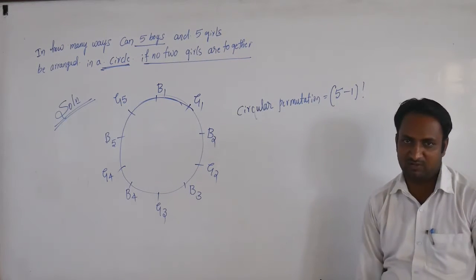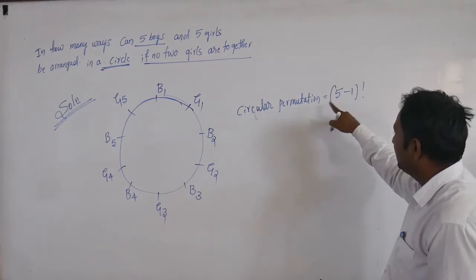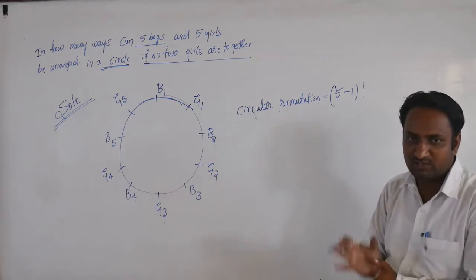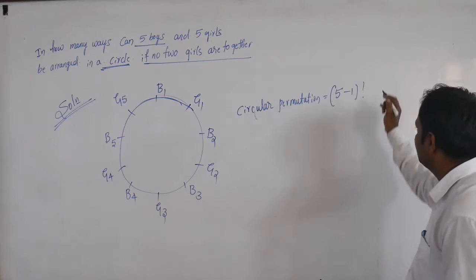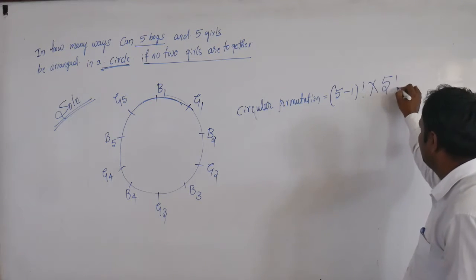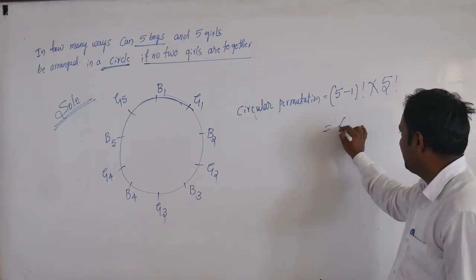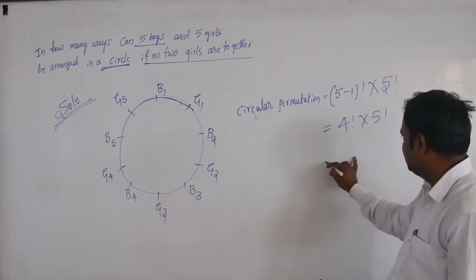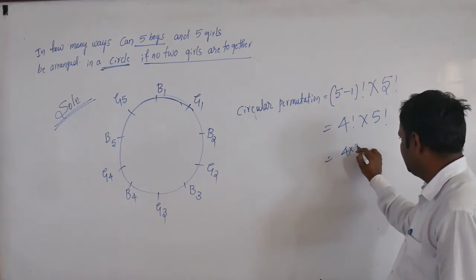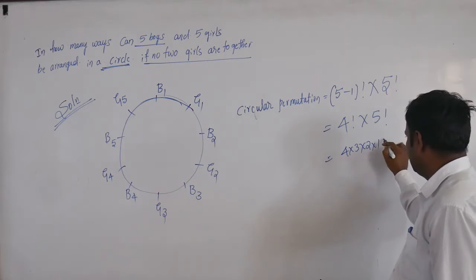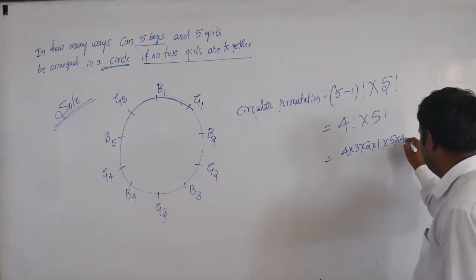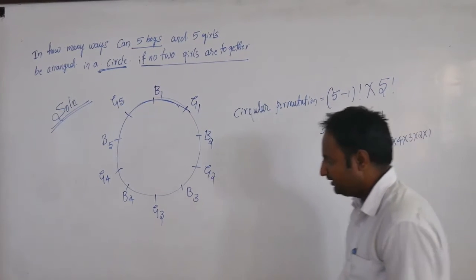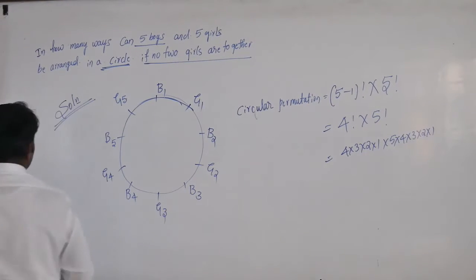Then among the boys we can arrange the 5 girls in 5 factorial ways. That is 4 factorial into 5 factorial, that is 4 into 3 into 2 into 1 and 5 into 4 into 3 into 2 into 1. Multiplying, we get our result.